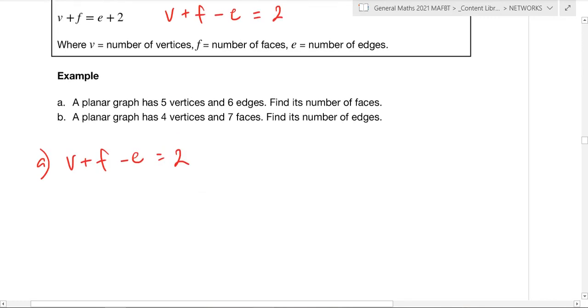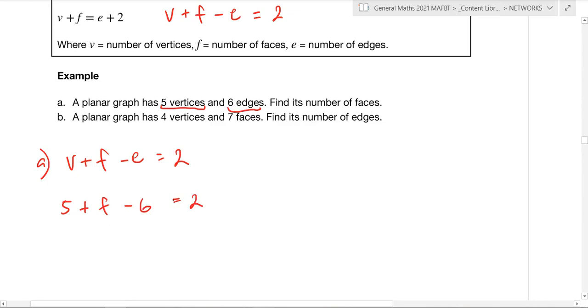So for part A, a planar graph has 5 vertices, 6 edges. Find its faces. So it has 5 vertices, so that means 5 for the V, plus, we don't know how many faces there are, but there are 6 edges, equals 2.